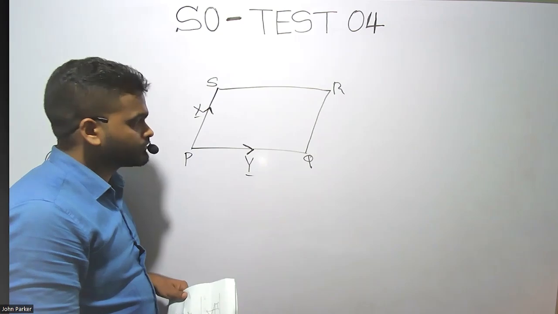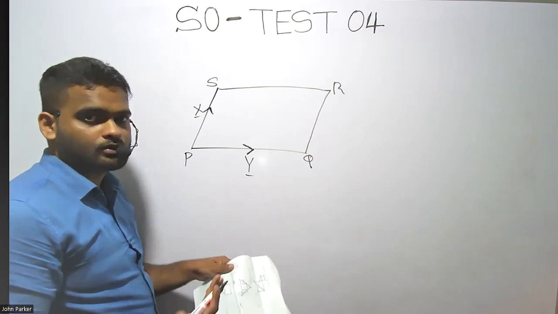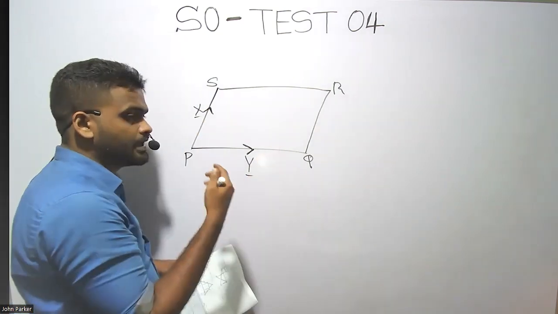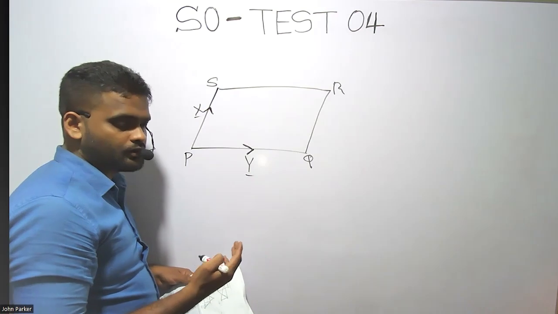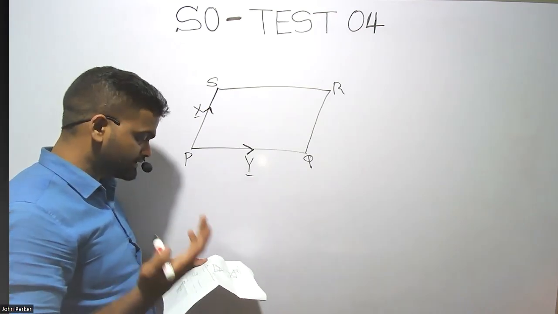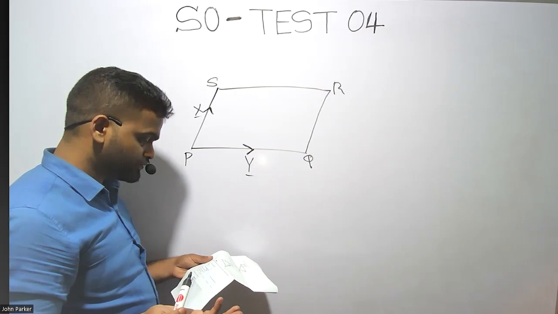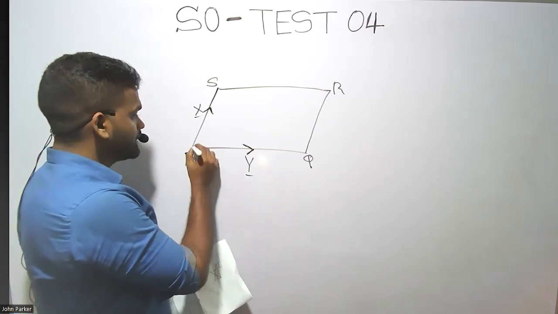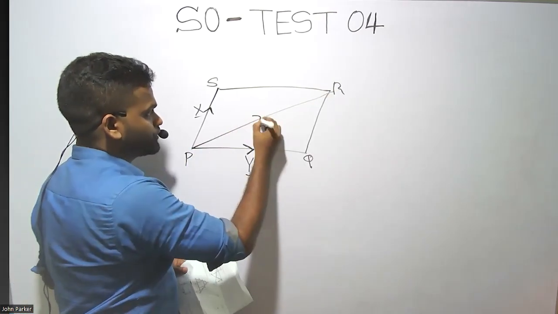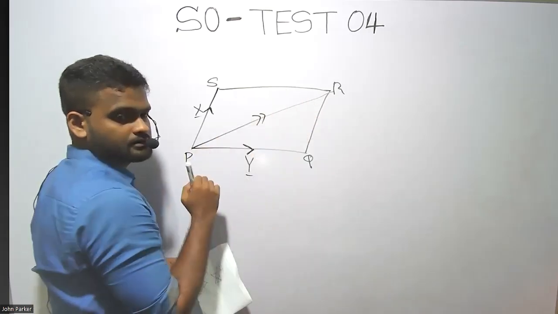So according to parallelogram law, the resultant of those two vectors, or in other words, the sum, or the addition of those two vectors, is shown by this diagonal.